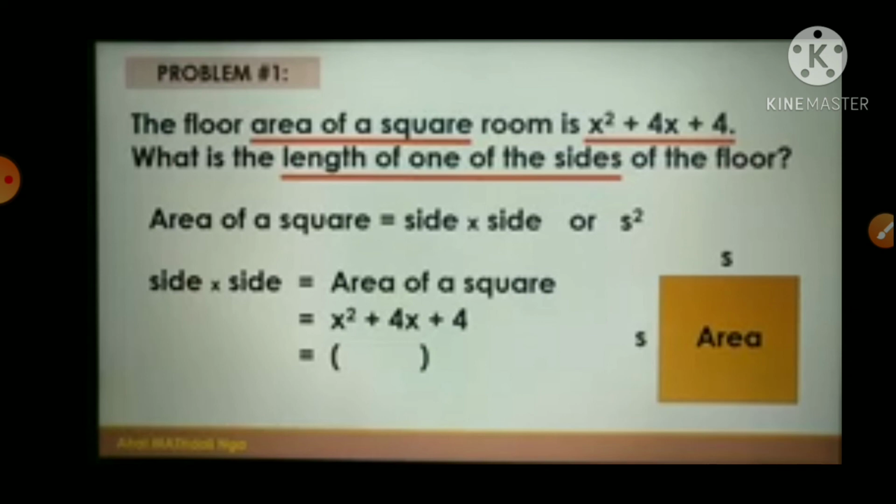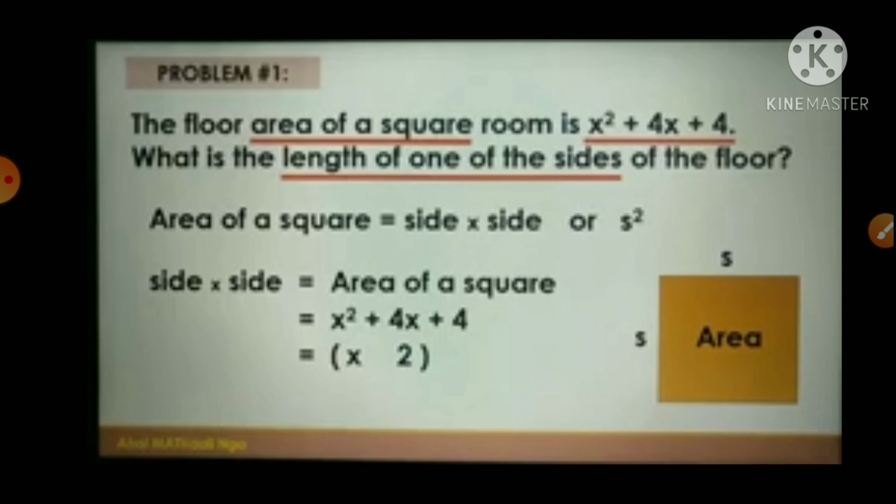The square root of the first term, x squared, is equal to x, and that will be the first term of our binomial factor. The square root of the last term, 4, is equal to 2, and that will be the last term of our binomial factor.